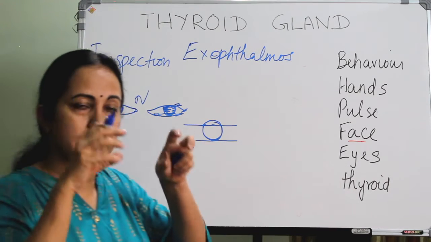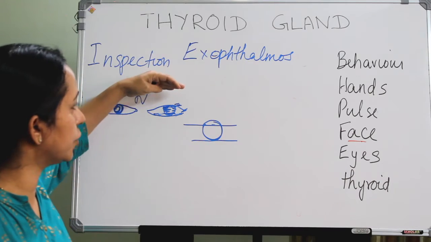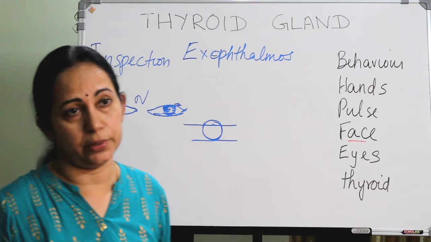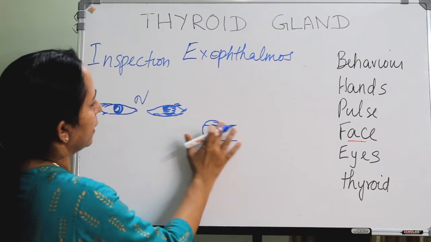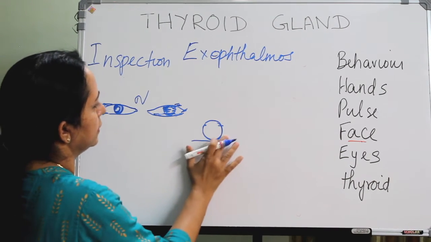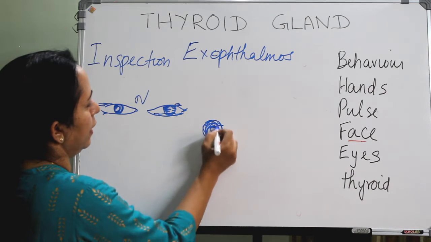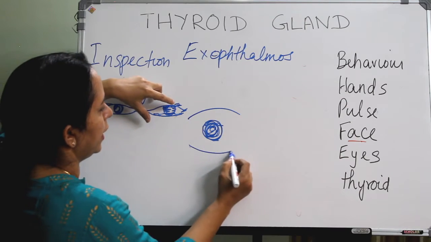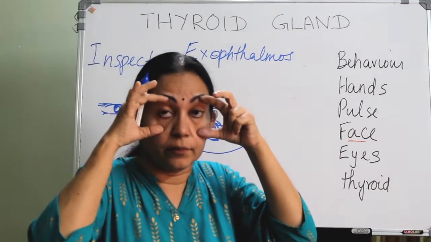So if there is extra deposition of connective tissue in the orbit and also in the extraocular muscles, these eyes will be protruded outward. So this is your cornea, and the upper eyelid and also the lower eyelid will be widened.